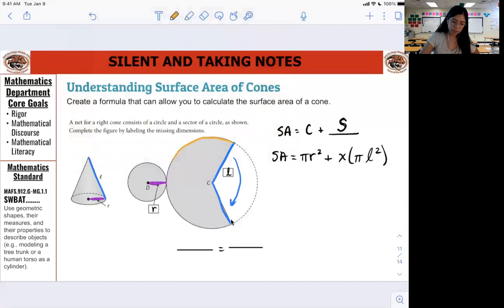If you bring together the two blue segments, you line them up, you tape them together or staple them together, what's going to happen to this orange part? It's not going to get bigger because we're bringing them together. Remember that this is the net. So this is what happens when you take it apart. But if I put it back together, I'm just going to get my original cone. So that orange part is this right here.